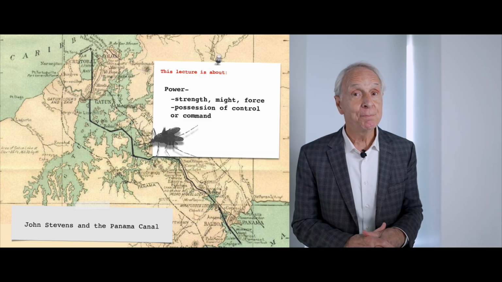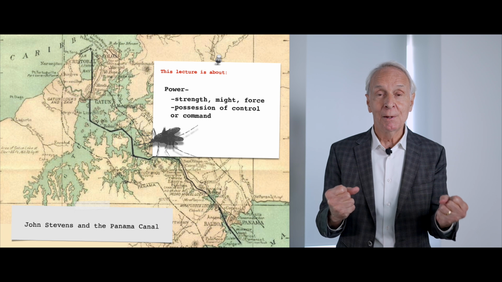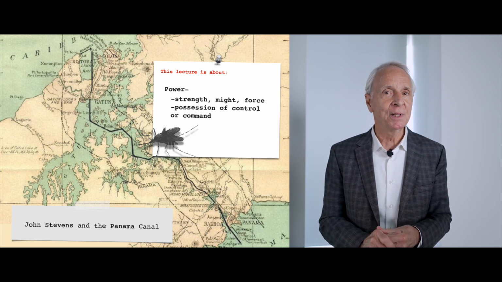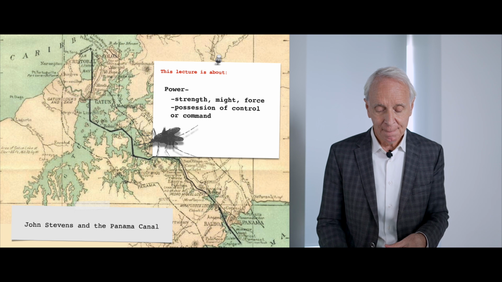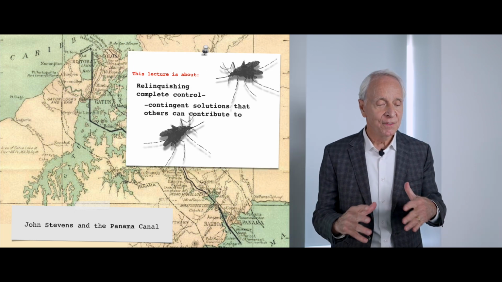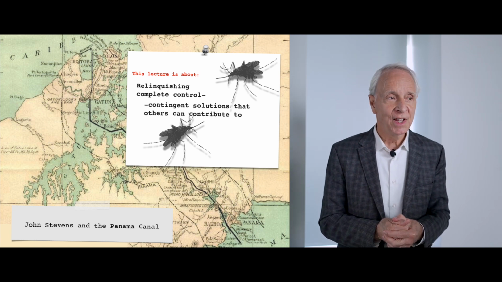And then the fourth one is power. Just might, strength, force, the ability to make something happen, even if other people perhaps are not completely on board to do that. So that's what we're looking at in John Stevens. This notion of how do you operate when you're not in control of everything?